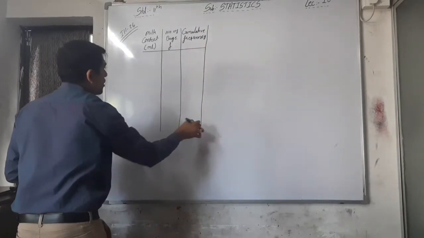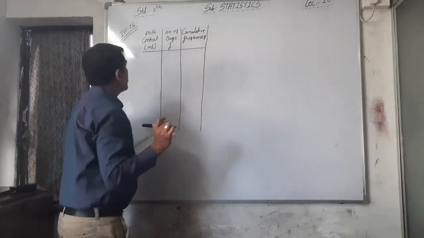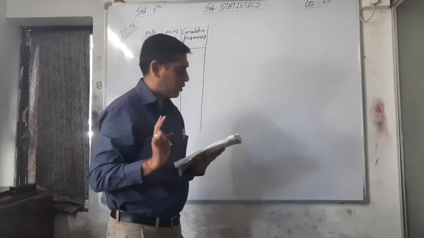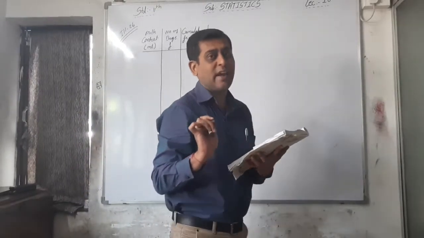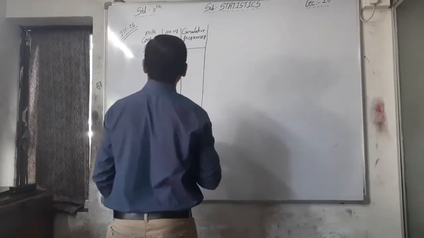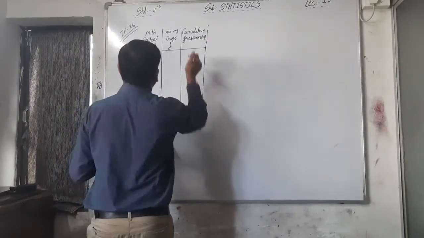You have to prepare just 3 columns only. The first 2 are from the question, milk content in milliliters, and number of bags, that is your frequency, and you have to find out just cumulative frequency, that is CF.